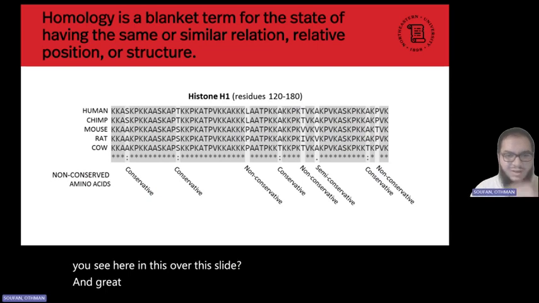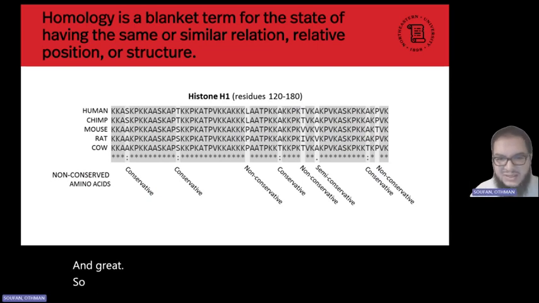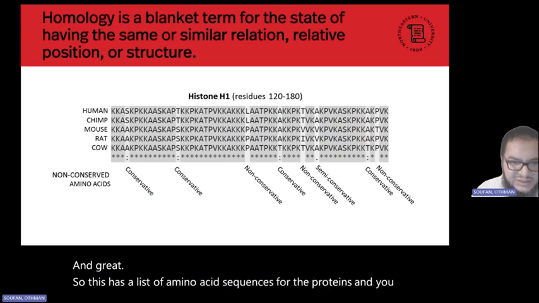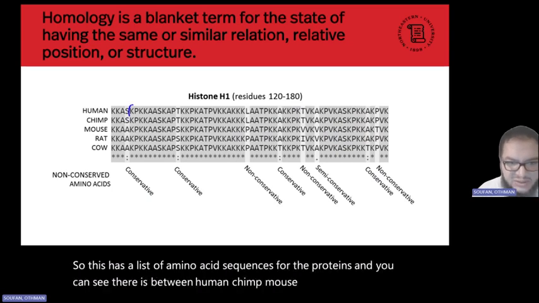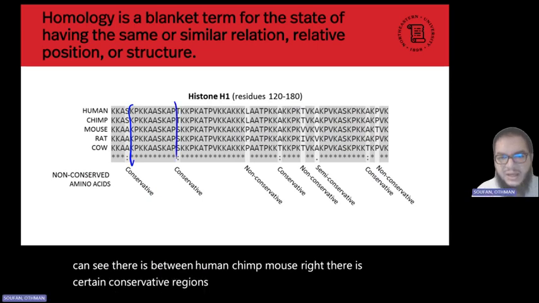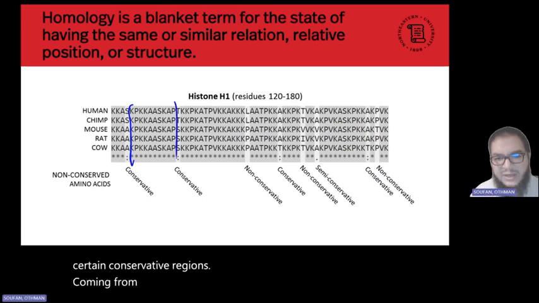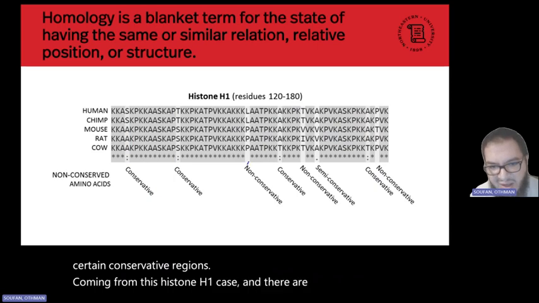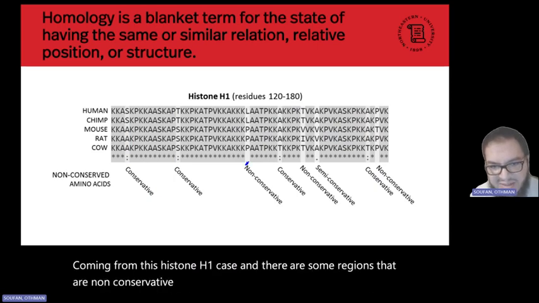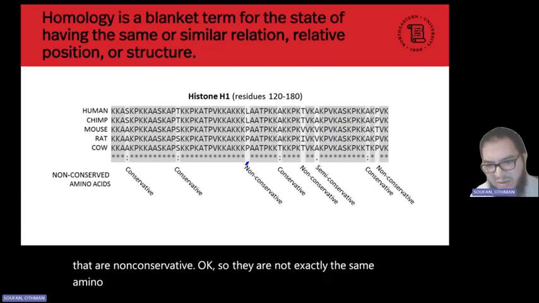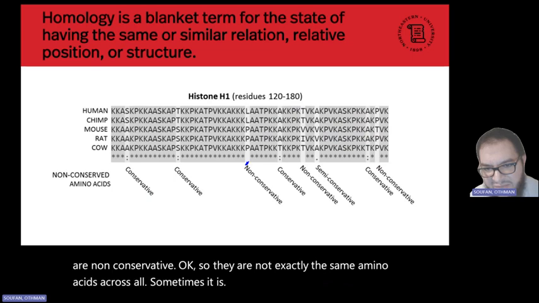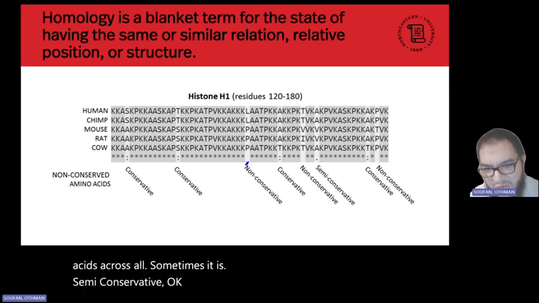Great. So this is a list of amino acid sequences for the proteins, and you can see that between human, chimp, mouse, and rat, there are certain conserved regions coming from this histone H1, and there are some regions that are non-conservative. So they are not exactly the same amino acids across all. Sometimes it is semi-conservative, so it is preserved in certain areas, right?